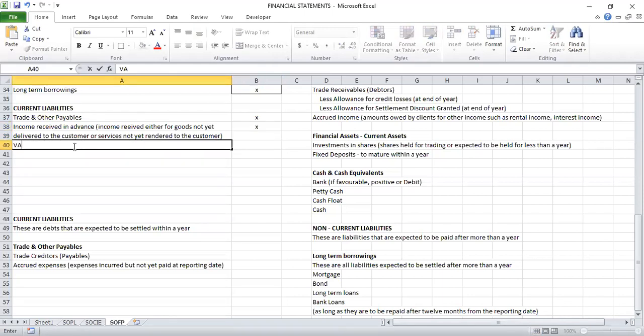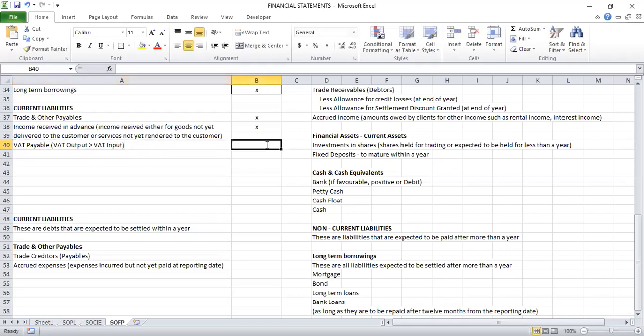Then we have VAT payable. When we talk about VAT payable, that means your VAT output is greater than VAT input. That is the VAT that you received from your clients is more than the VAT input that you were charged by your own suppliers. So you are supposed to pay the difference to SARS.